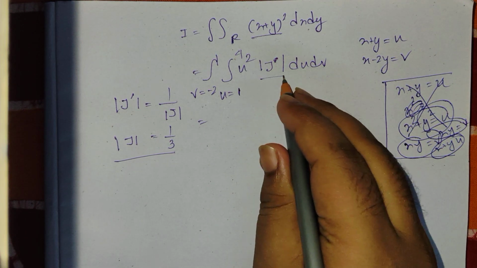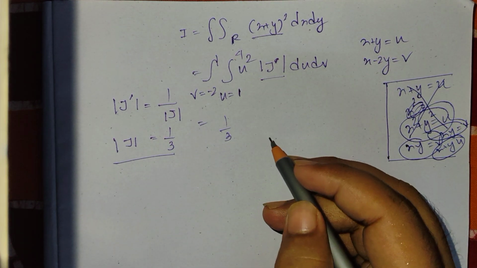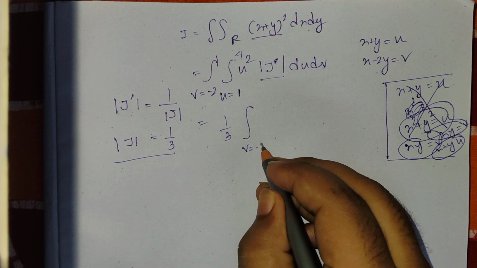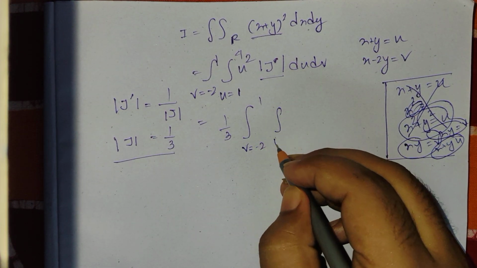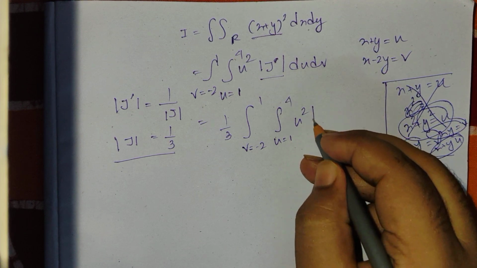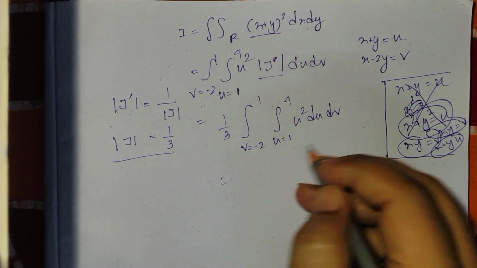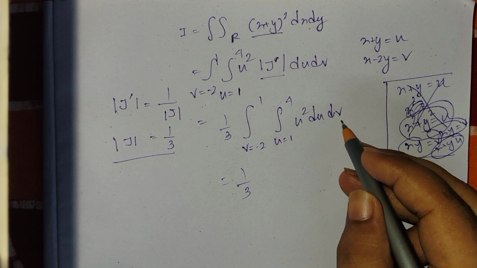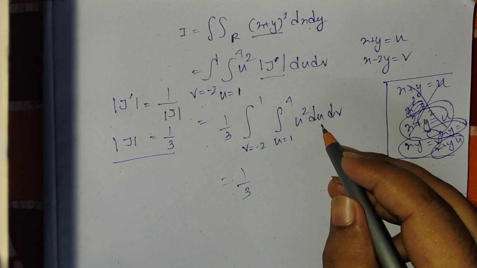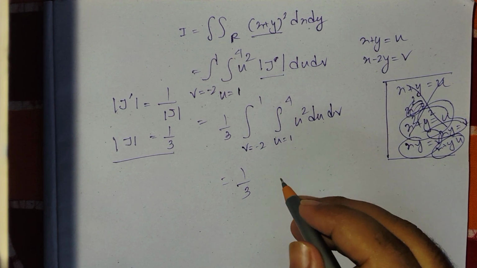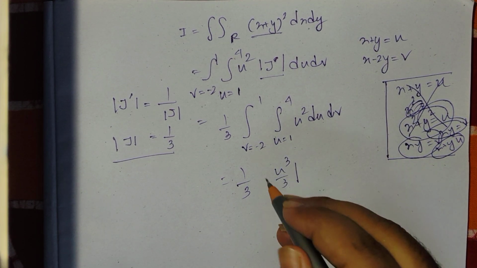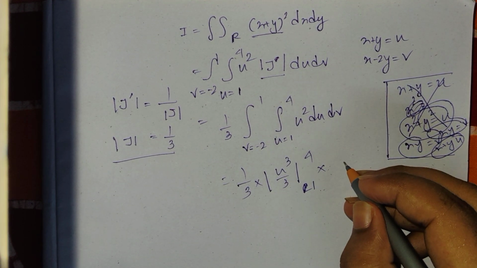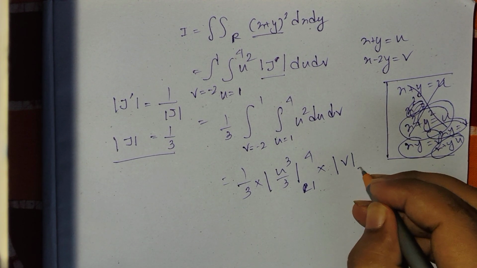Now this is basically 1 by 3, so I am taking it out. This is v equals minus 2 to 1, this is u equals 1 to 4, u square du dv. There is no term about v, so we can easily integrate with respect to dv, and we can easily integrate with respect to du separately. So integration of u square is nothing but u cube by 3 with the limits of 1 to 4, into integration of dv, which is v with the limits of minus 2 to 1.